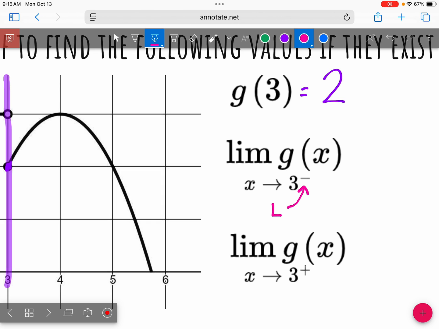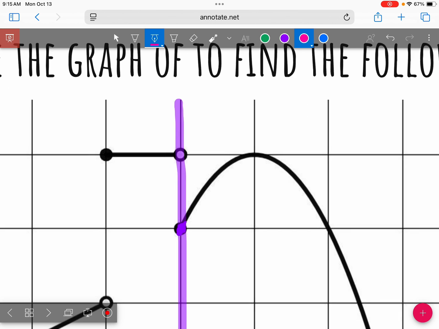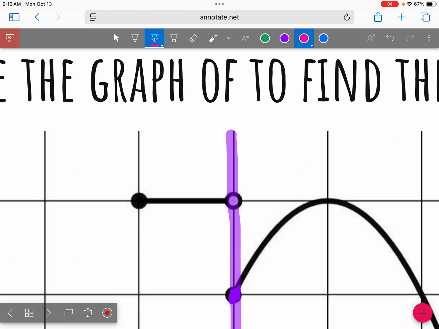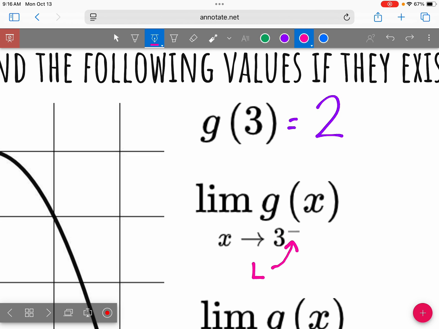So from the left, what is the limit as x approaches 3? 3. Up here on this guy. As x gets closer and closer to 3, our y values will get closer and closer to 3. In fact, they're going to equal 3 because it's a horizontal line.